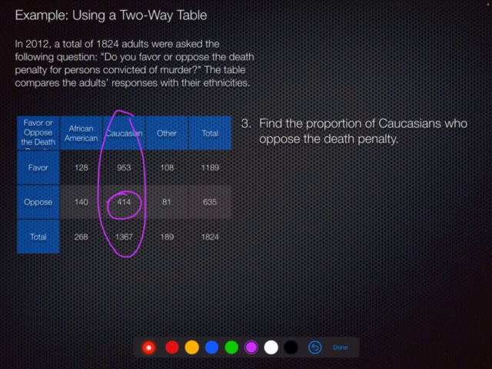We did the 414 right here. Caucasians who oppose it. Again, out of 1,824.